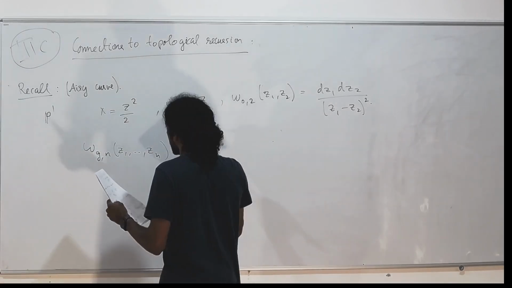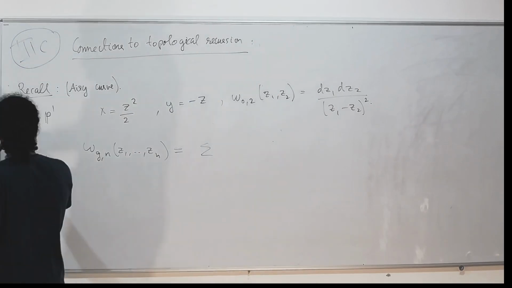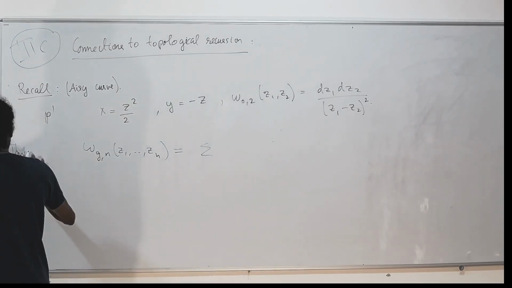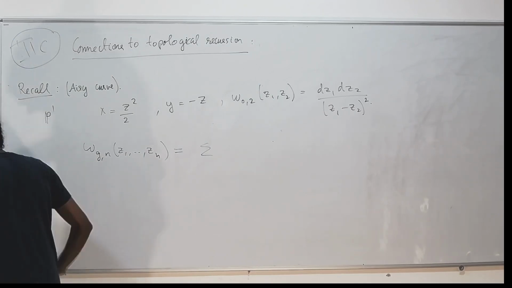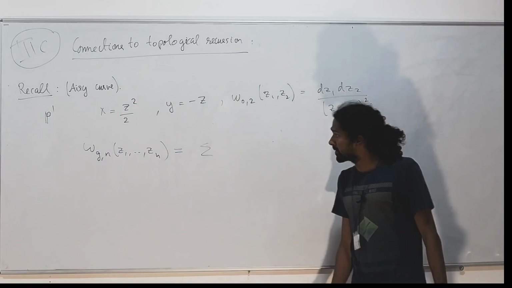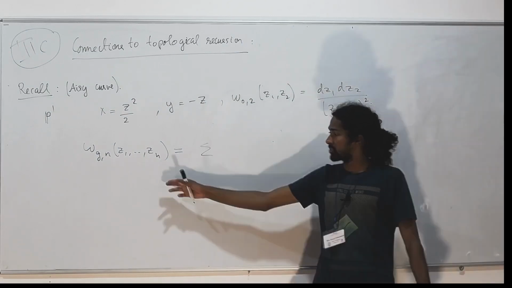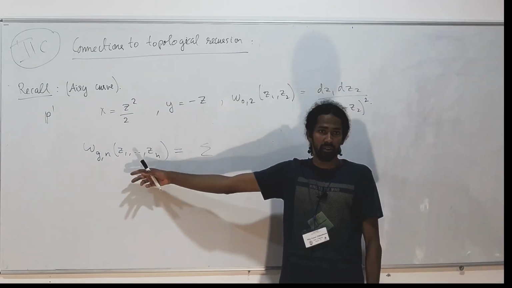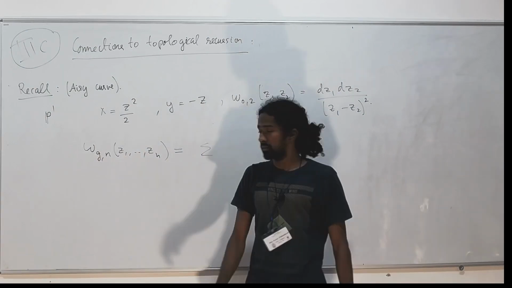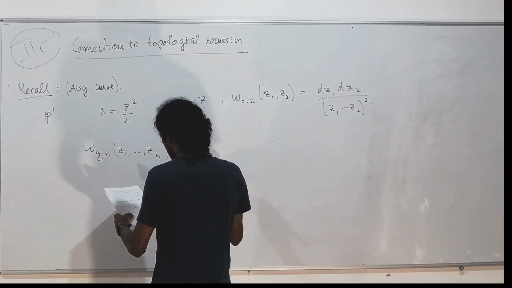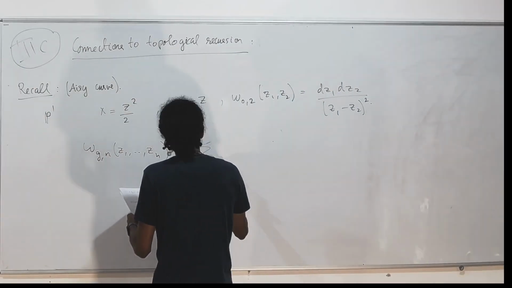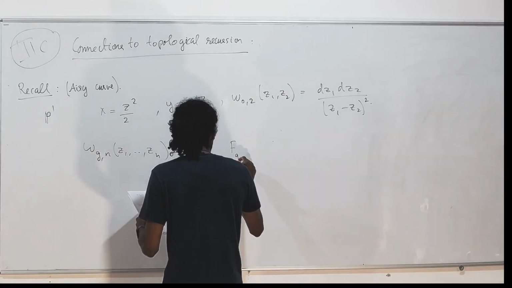Okay, so I guess I should call this a theorem. But before that, let me say first of all, remember that there was this property that the omega g,n only had poles at the ramification points. And the ramification point here is just z equals 0. This gives me a chance to introduce some notation that you will again see in Reinier's talk.